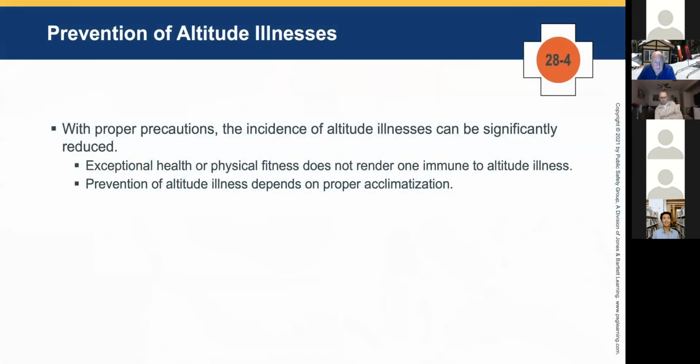Let's talk about prevention. First of all, I think the key thing is exceptional health or physical fitness does not render one immune to altitude sickness. Prevention of altitude illness depends upon proper acclimatization. I think that's a key word that we see here.